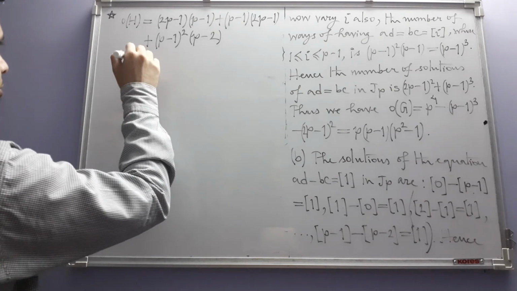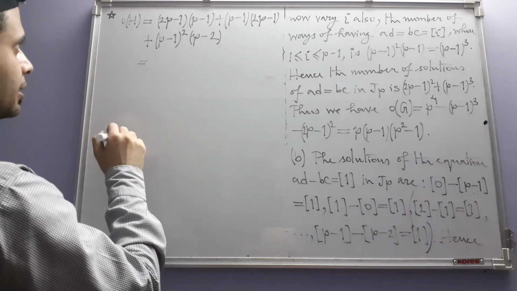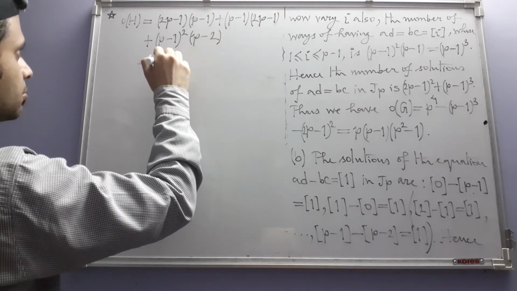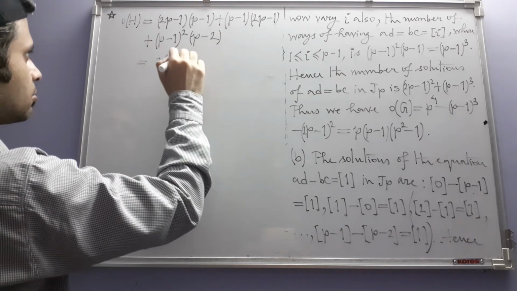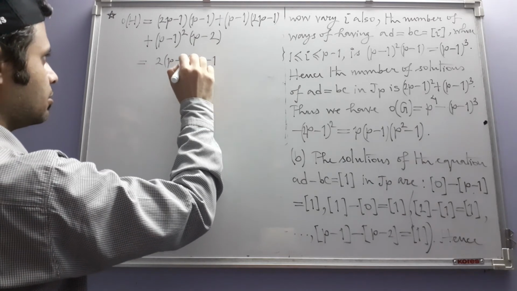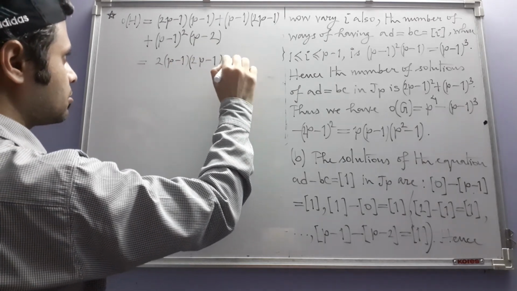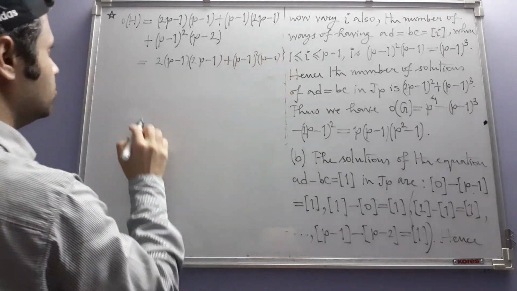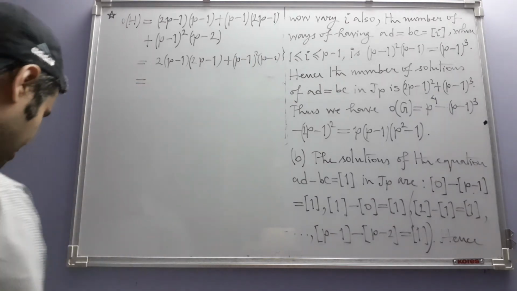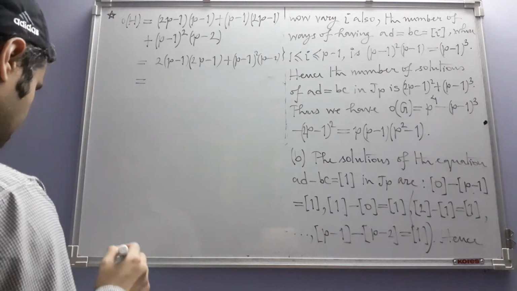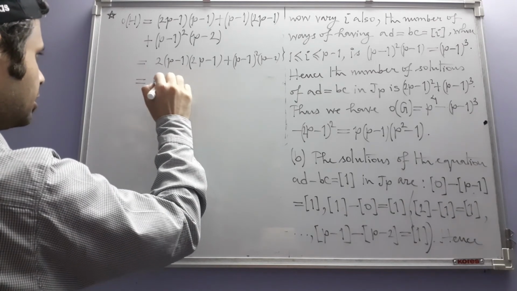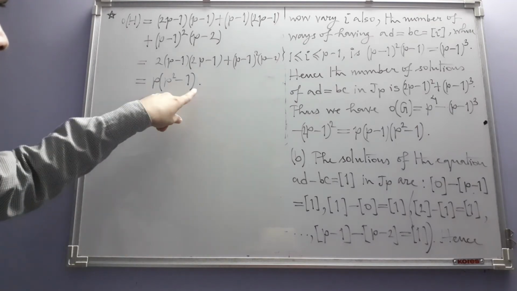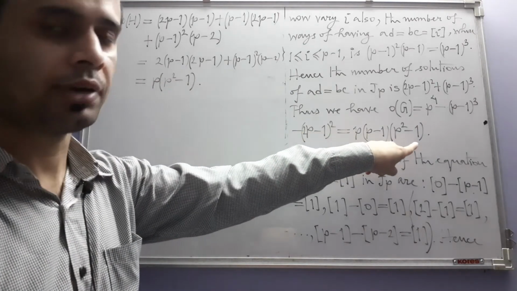So this is the order, and it becomes 2 times p minus 1 to p minus 1 plus p minus 1 square times p minus 2, and that ultimately if you simplify everything you get this. You can see that this number is actually a factor here.